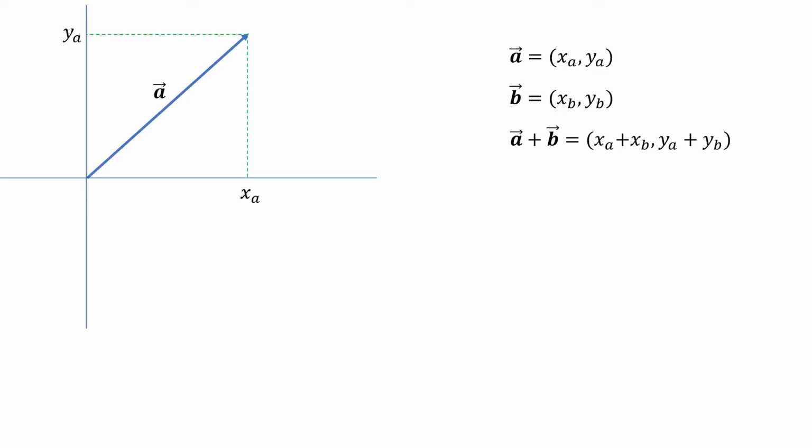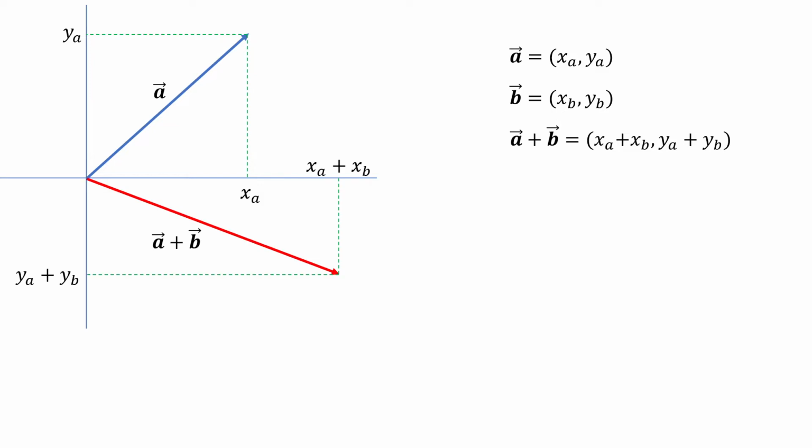Let's start with a coordinate system. We draw vector A. Vector A is going to start at the origin. The coordinates of the end of vector A are the coordinates of the vector itself, xa, ya. And also we're going to draw in the same manner vector A plus B. Okay.